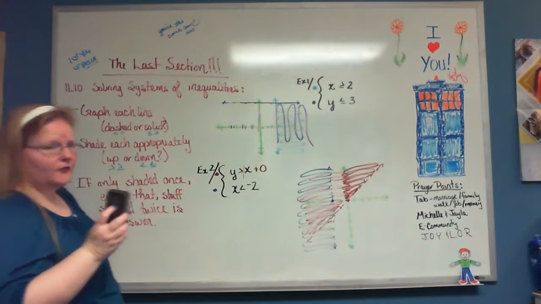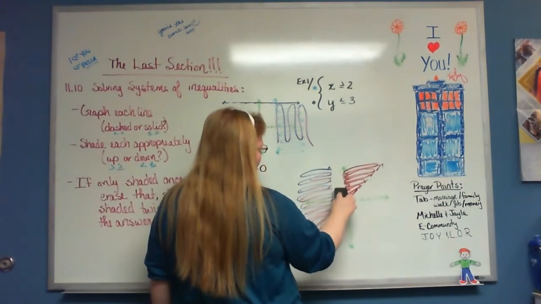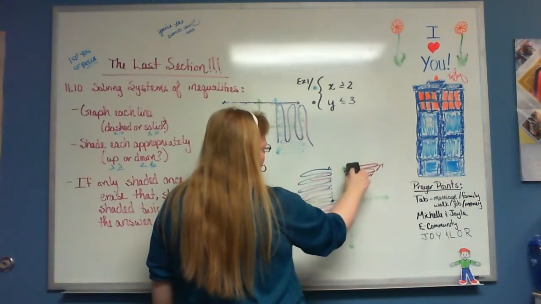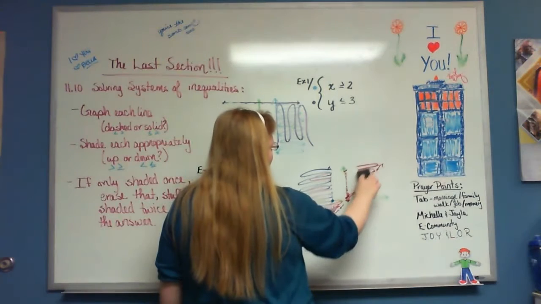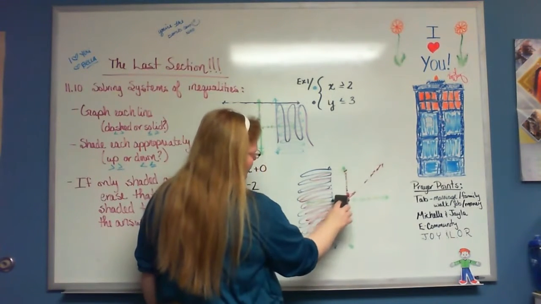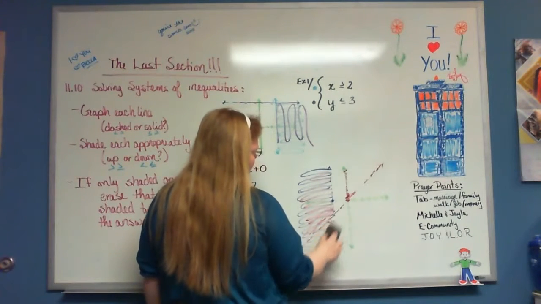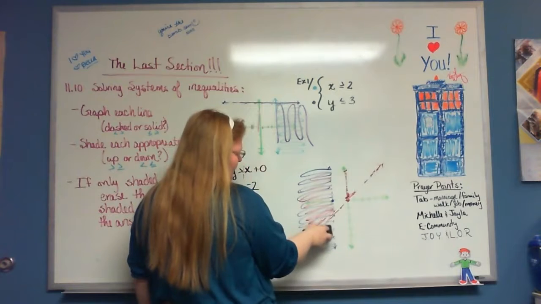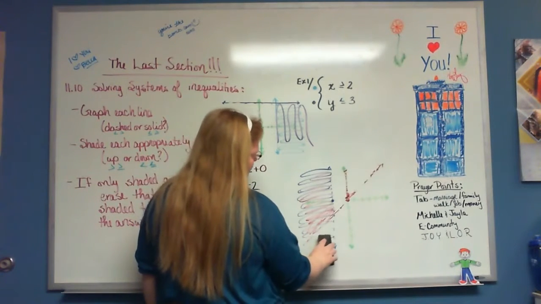And then you go back with an eraser and you erase the things that only got shaded one time. Even this little part only got shaded one time. And then come down here and erase this because it only got shaded one time.